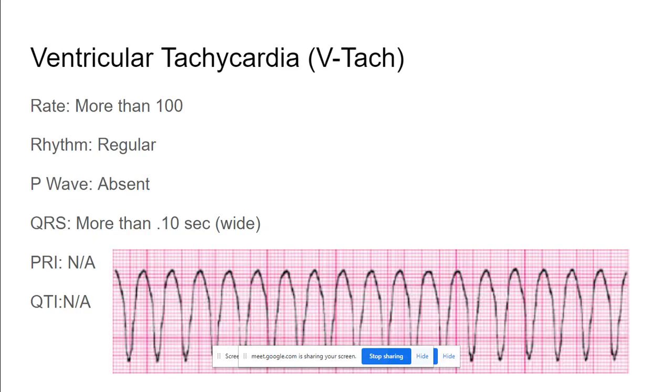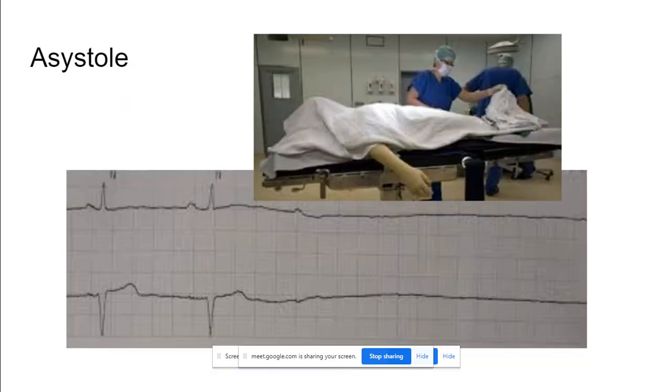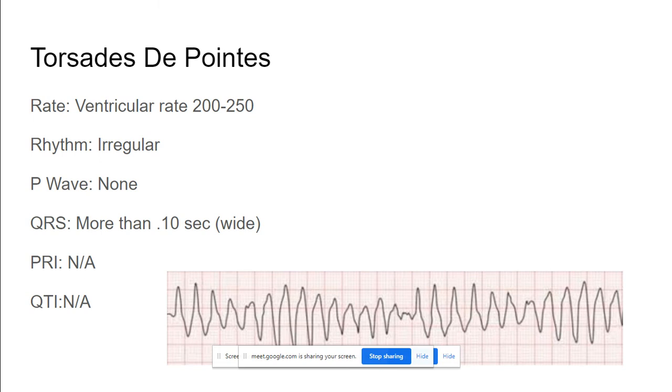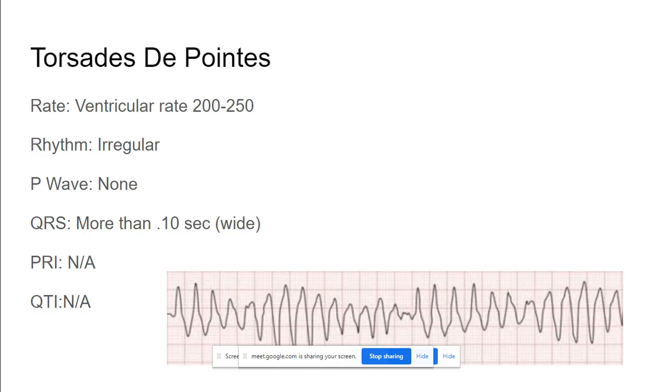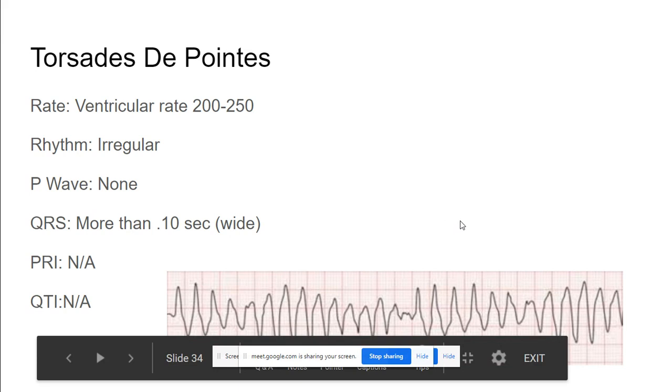All right, here's VTAC. I want you to take a look. It looks like torsades, only it's more organized and it looks regular. Torsades is irregular. Okay, so VFib is little tiny, tiny shaking. Torsades is when there's a little bit more height and you can count the rhythm, but it's chaotic and irregular.